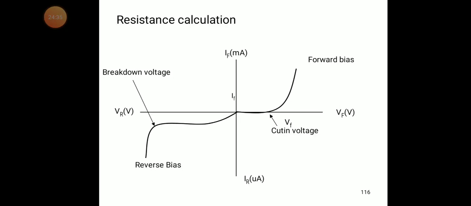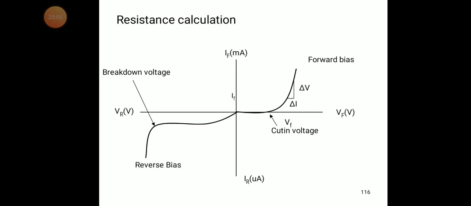Now we discuss the resistance calculation: how we calculate the resistance in forward bias and reverse bias. Resistance is nothing but voltage by current. We take the voltages and currents in the forward bias, and the ratio of voltage by current is the resistance.